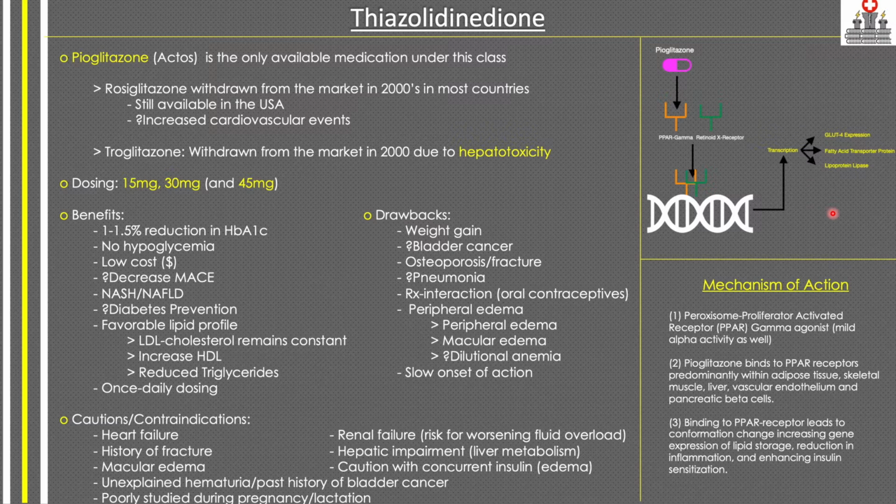In addition to this, there are many other actions, such as decreasing inflammatory molecules. We know that type 2 diabetes is a background pro-inflammatory state, and that it contributes to the insulin resistance. So all of these effects within this medication act throughout the body in various tissues, such as the adipose tissue, skeletal muscle, liver, and the vascular endothelium.